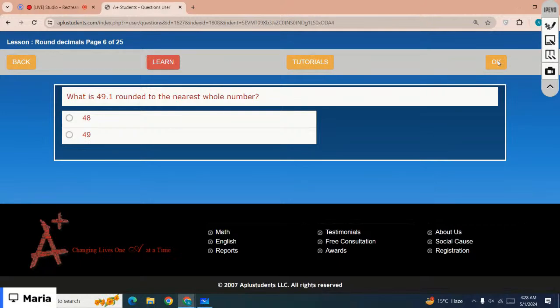Which is the correct option? Yes, 49. The correct option is 49.